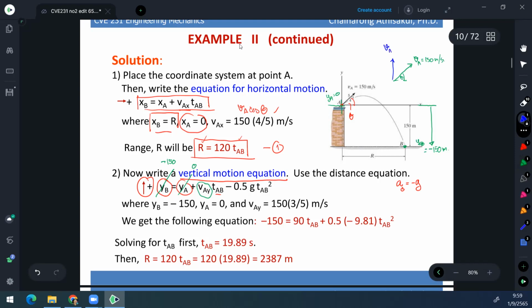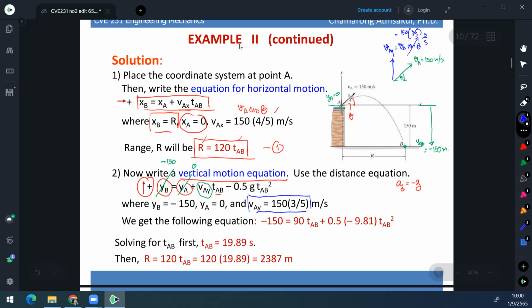VAy is the vertical component, equal to VA sine theta, and sine theta is 3 over 5. So VAy is 150 times 3 over 5.